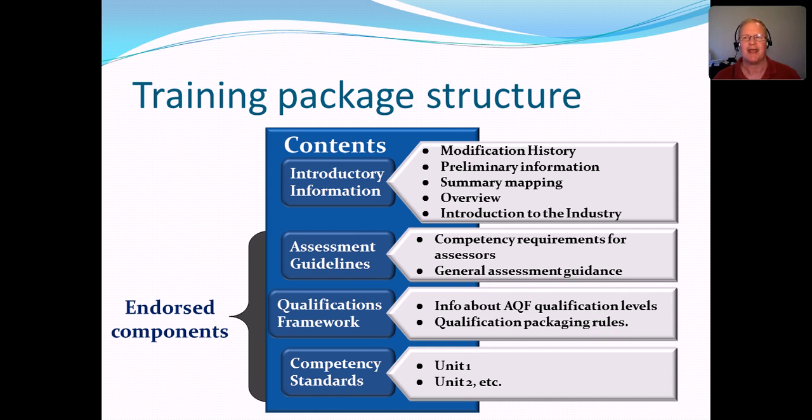As we said, we train and assess the knowledge and skills requirements for that industry, and that is set out in the assessment guidelines. It has the competency requirements for the assessors and the general assessment guidance for any RTO looking to train the knowledge and skills within that training package.